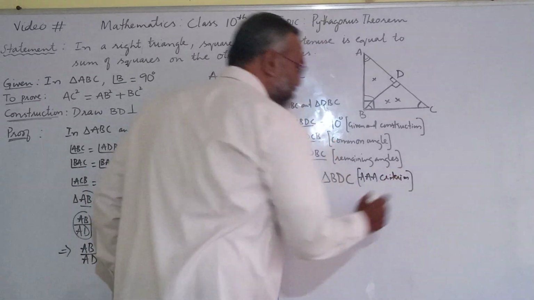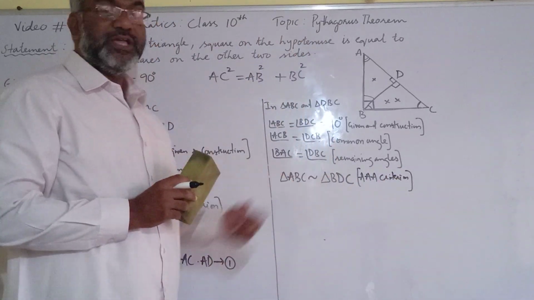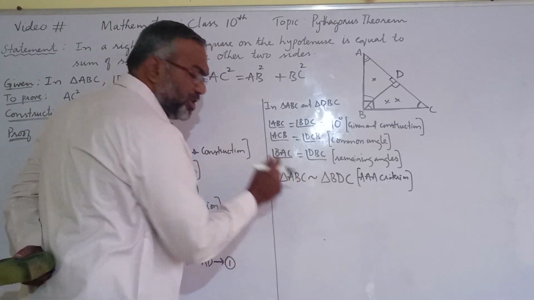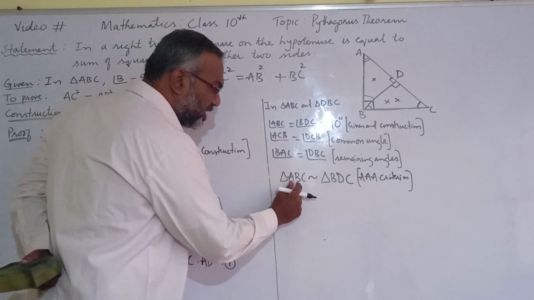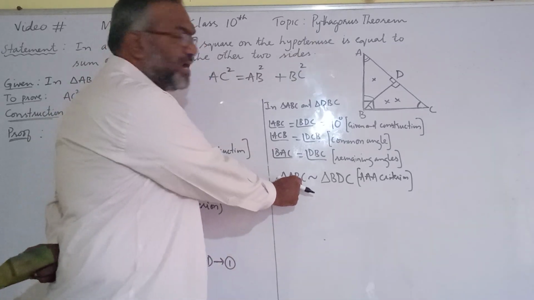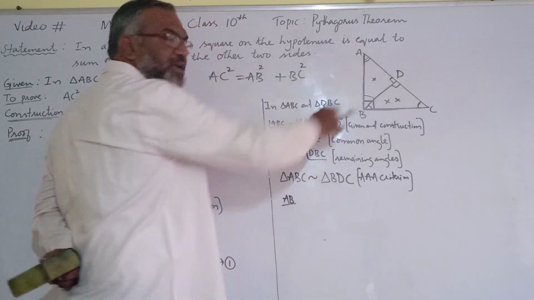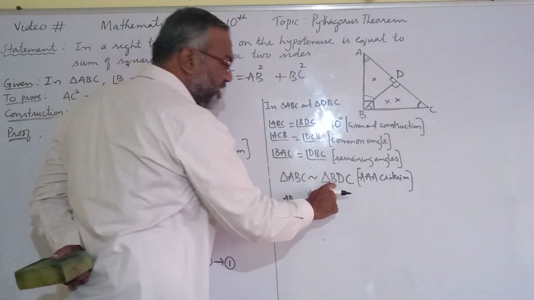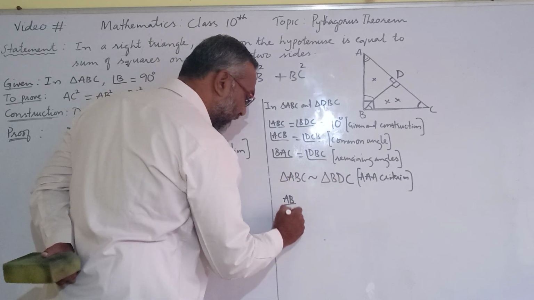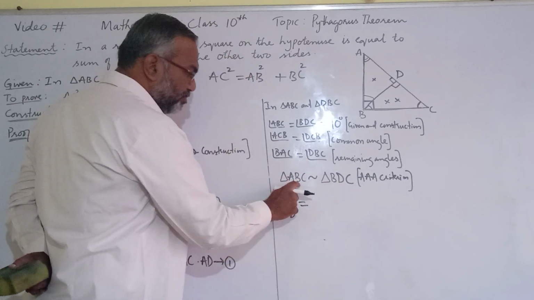Now if they are similar, then their corresponding sides must be in the same ratio. While choosing corresponding sides, choose two letters. First two letters here, AB, that makes one side. AB makes one side. Here BD, so AB divided by BD will be equal to BC.